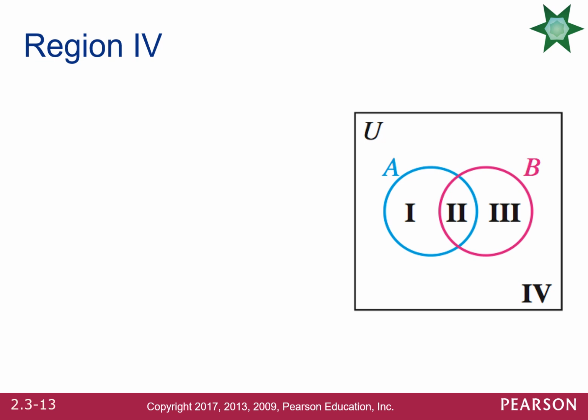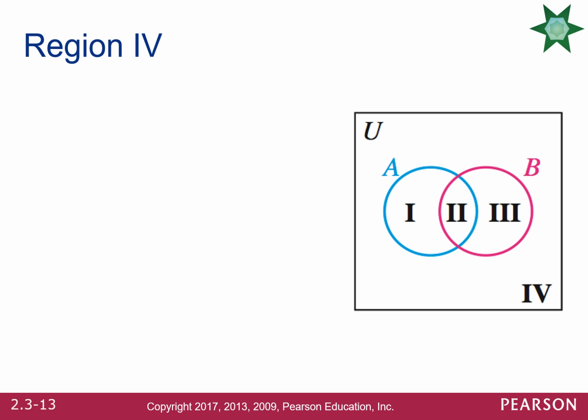Now, so far we have talked about 3 regions in our Venn diagrams. There is, however, a 4th region which would contain elements which are not a part of set A, neither a part of set B. Recall that set A and set B are essentially subsets of a universal set. So any elements which are outside of set A or outside of set B represent the 4th region.